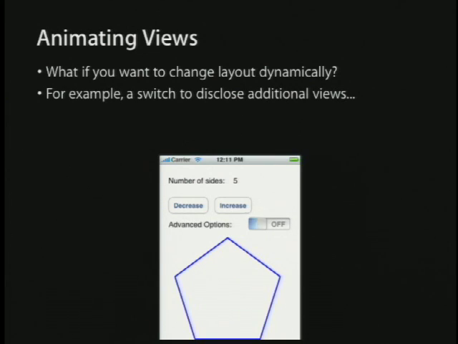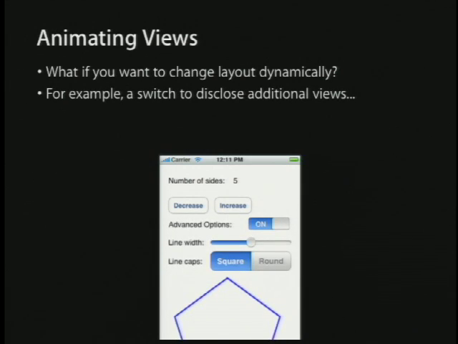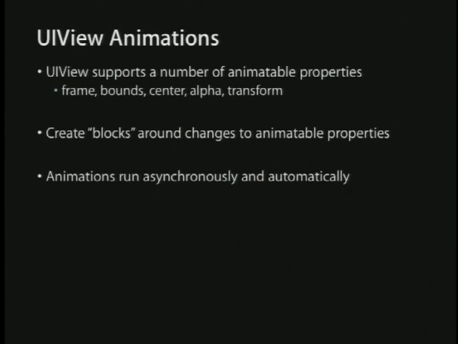We've got our drawing at the bottom. We're going to flip that switch. And when we do, we're going to animate the thing down, and those controls are going to fade in. This is actually incredibly easy to do using UIKit. And there's actually a framework that we sit on top of called Core Animation that implements a lot of this animation stuff for us. It's really powerful, and this is the stuff that I'm just most excited about. It's really cool what you can do with this.